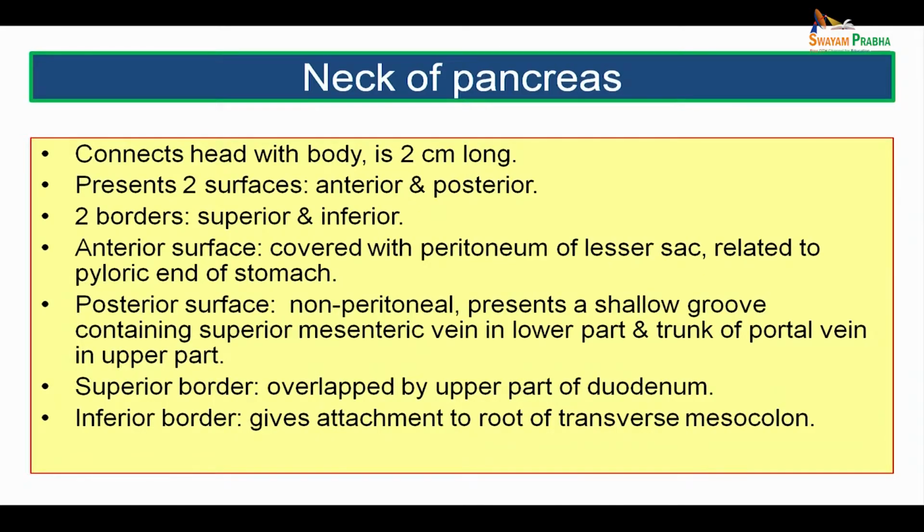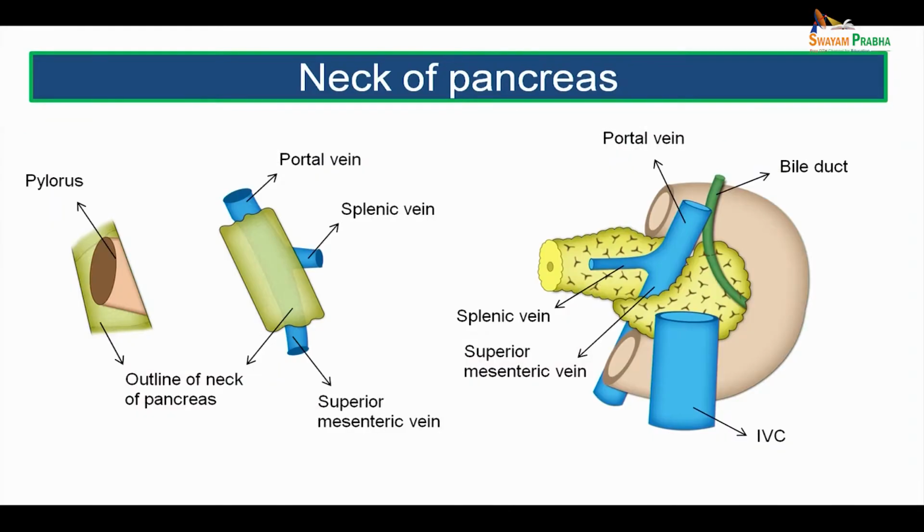The superior border of the neck is overlapped by the upper part of duodenum, while the inferior border gives attachment to the root of transverse mesocolon. This picture shows us the relations of the neck of pancreas.